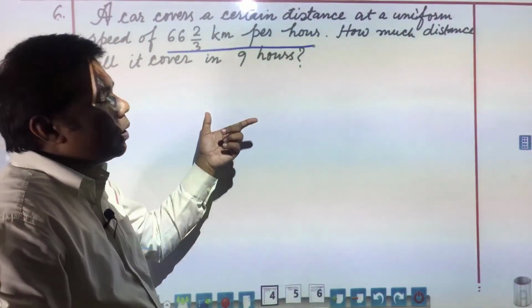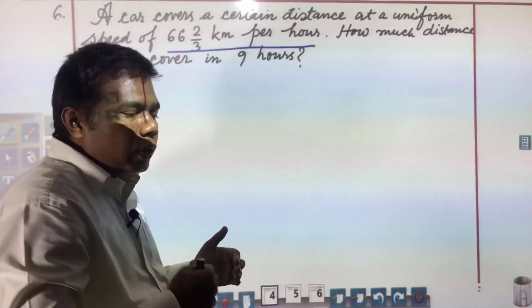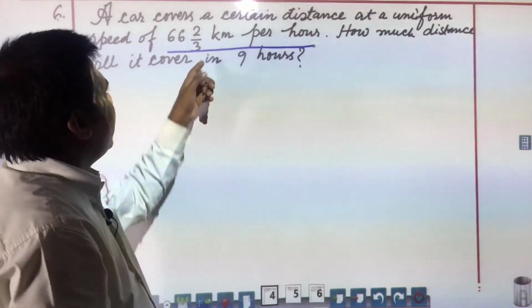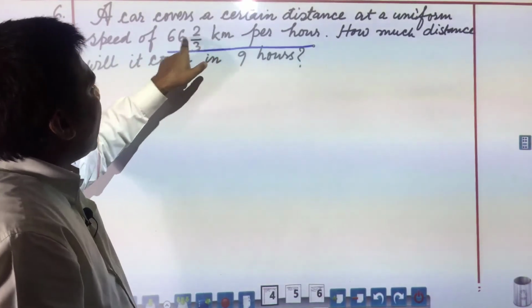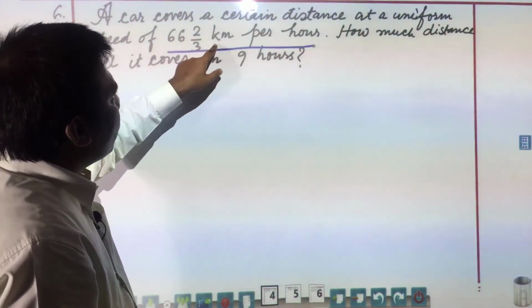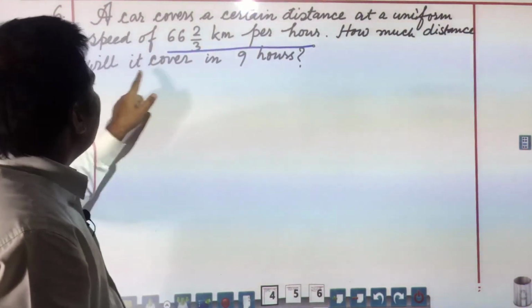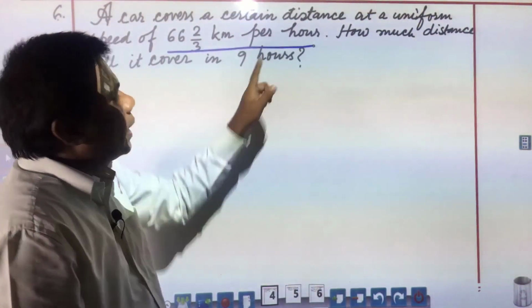Uniform speed means without changing the speed. If the car is running at the same speed, it is covering 66 whole 2 by 3 kilometer in 1 hour. How much distance will it cover in 9 hours?